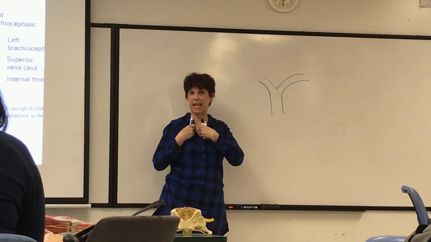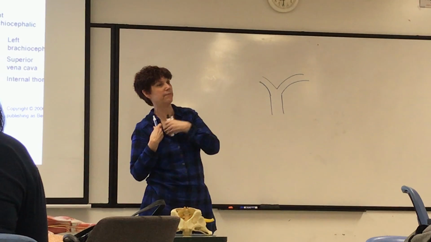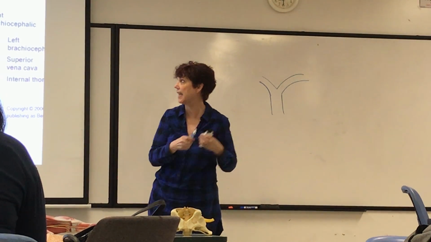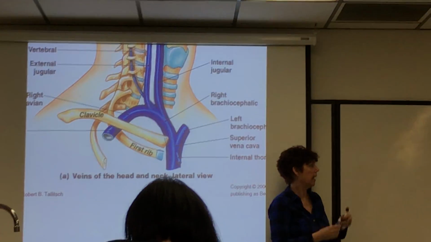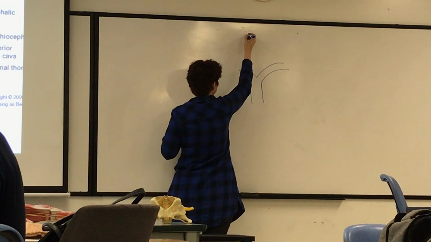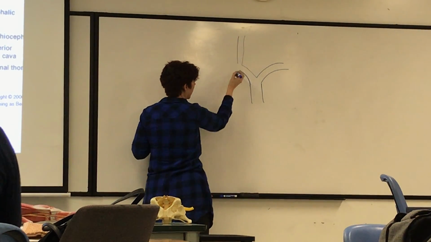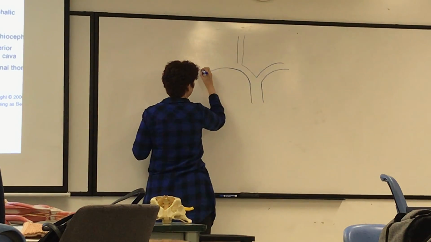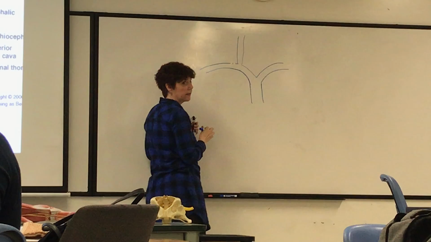It's coming into the right atrium of the heart. So the right atrium of the heart is closer to the right side than it is to the left side. Okay? So this is going to have to extend a little bit farther out here. Now, not ready to number those yet, but here's where the internal jugular comes in. And it's going to join the subclavian to form the brachiocephalic.